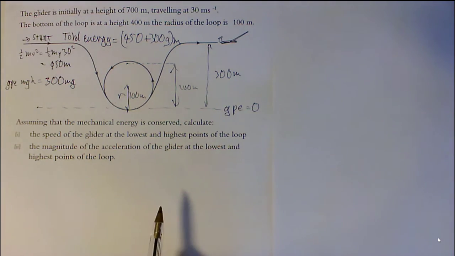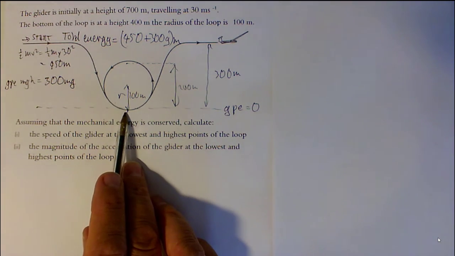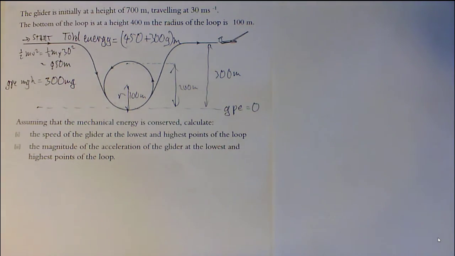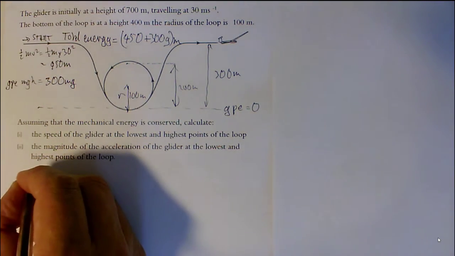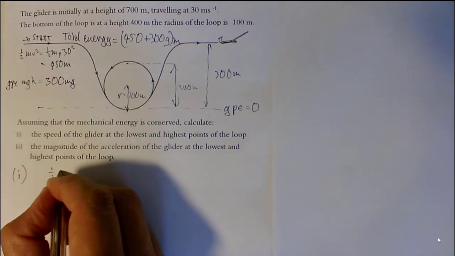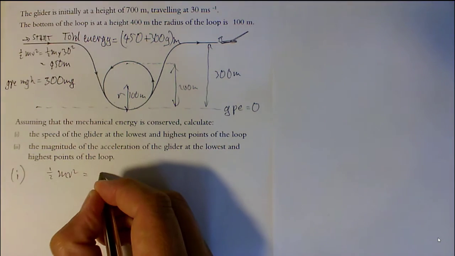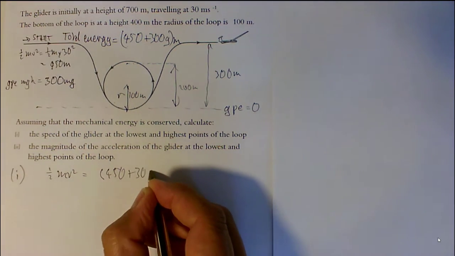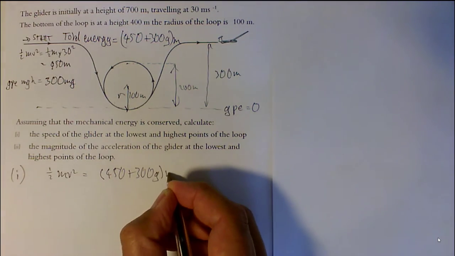So working out the speed of the glider at the lowest point is relatively straightforward. 100% of that has been turned into kinetic energy. Therefore, we can equate for part 1 at the lowest point, a half mv squared is simply equal to 450 plus 300g times m.